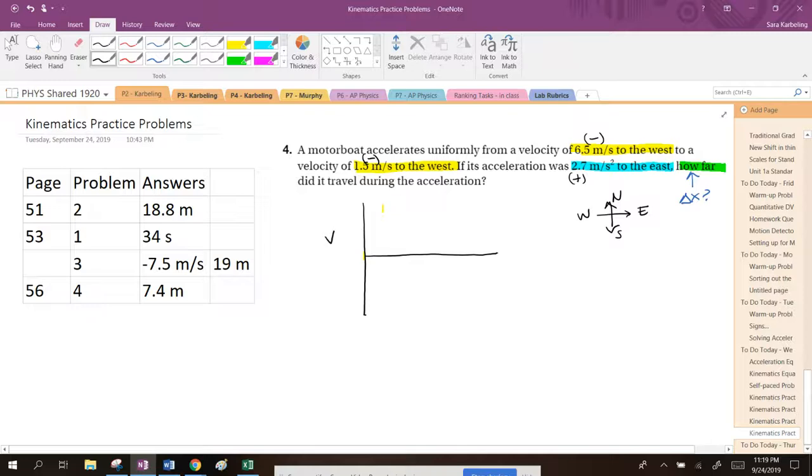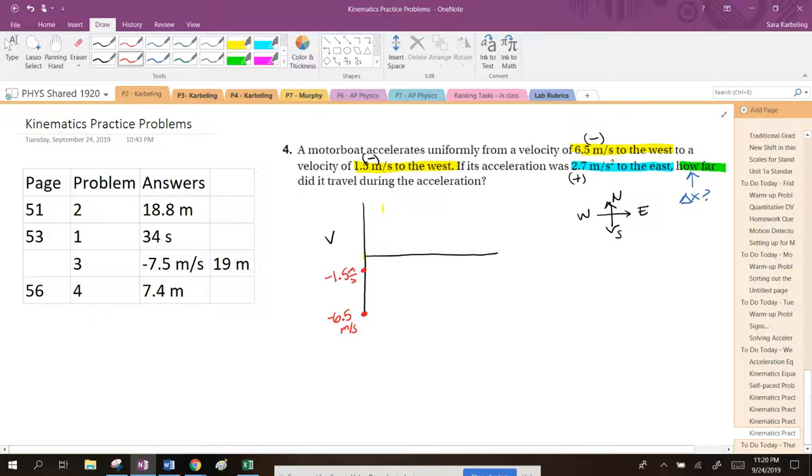So I'm going to call that 6.5 meters per second to the west negative 6.5, and then its final velocity is 1.5. So this is negative 6.5 meters per second, and then it's going up to negative 1.5 meters per second.